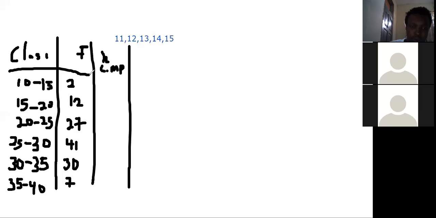To find the midpoint, you add the two and divide by 2. So for the first class, this will be 25 divided by 2. What are you getting? 12.5. 15 plus 20 divided by 2. What are you getting? 17.5.